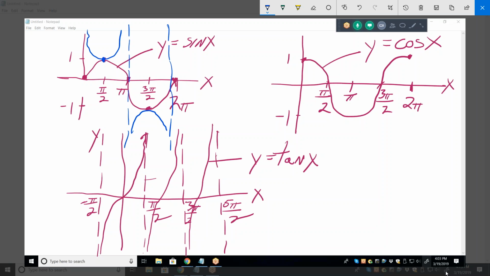Now let's talk about the secant. Well, the secant is the reciprocal of cosine, so the secant is going to sit on the tops of and the bottoms of the cosine curve.